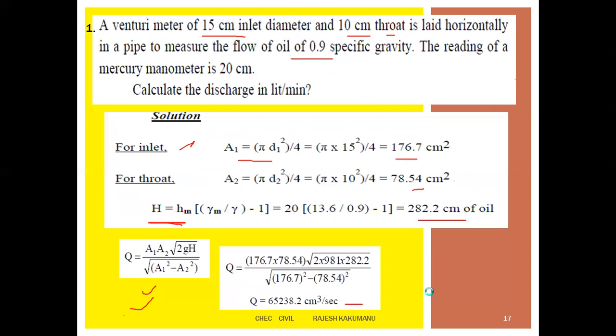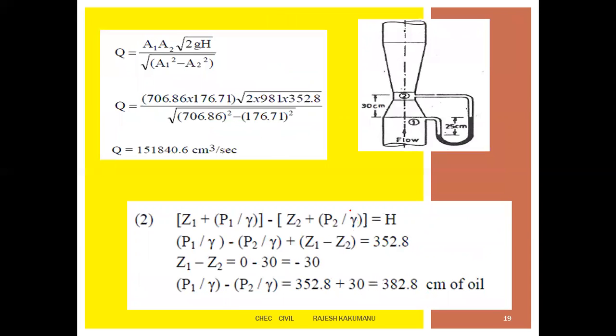Now, after doing this one, what is Q? The discharge formula: Q is equal to A1 into A2 into root 2gH, divided by root of A1 square minus A2 square. We have done all that.